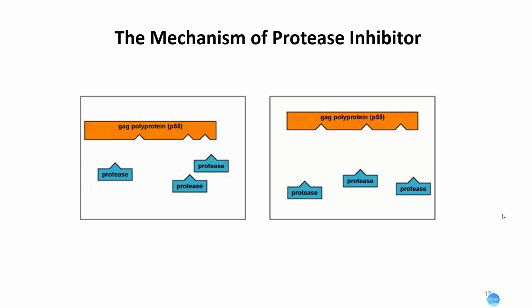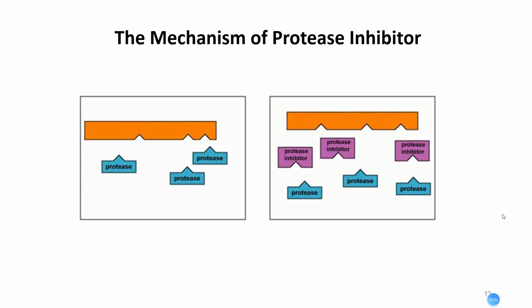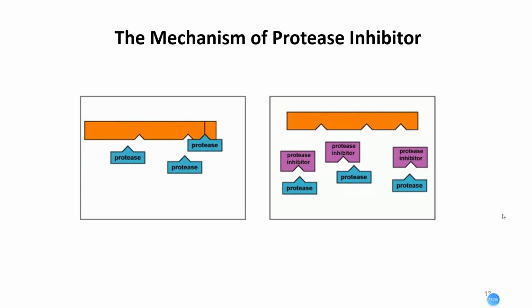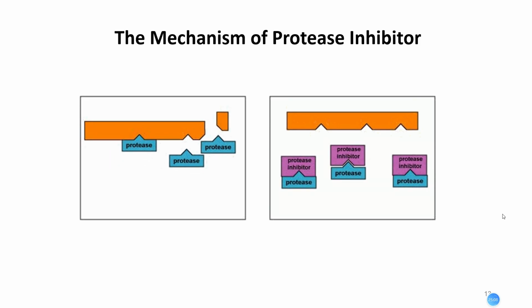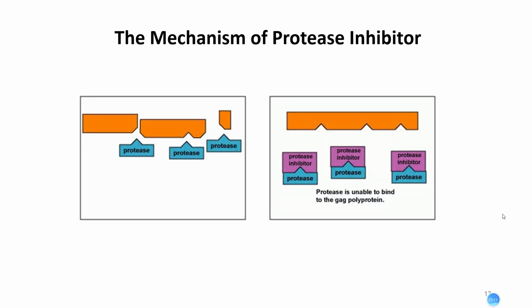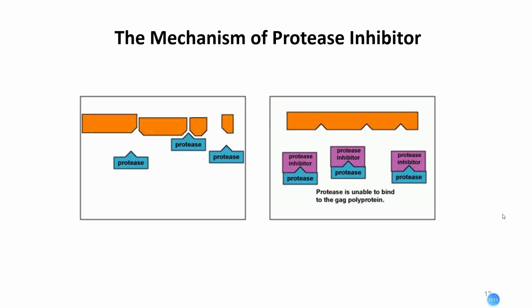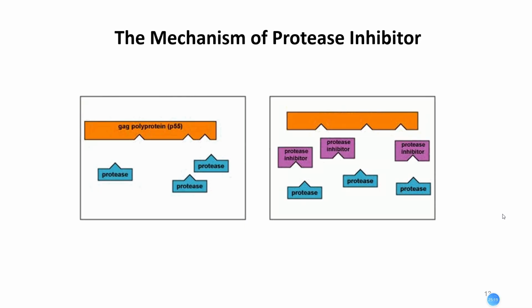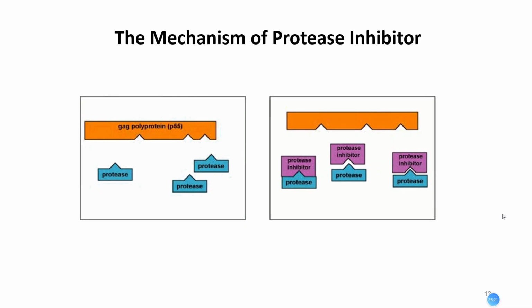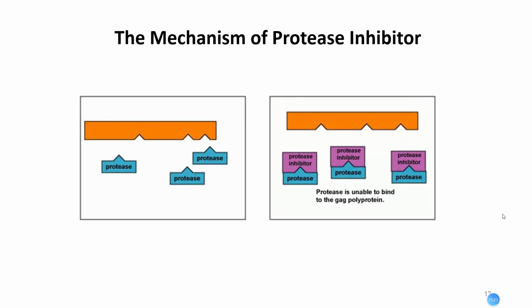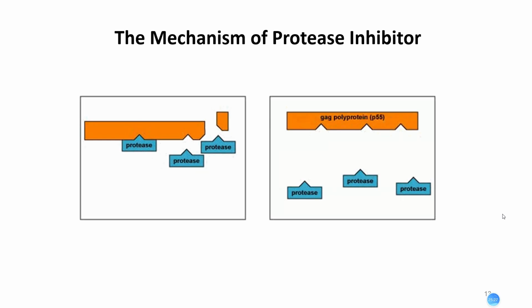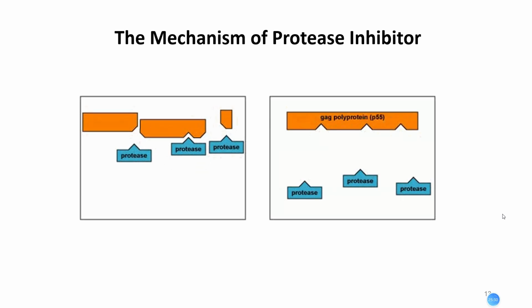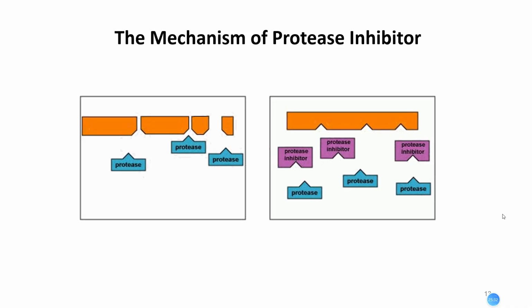Another type of inhibitor is the protease inhibitor. When we introduce the genome of viral pathogens, we know that it's a common phenomenon that the viral genome links several genes together.